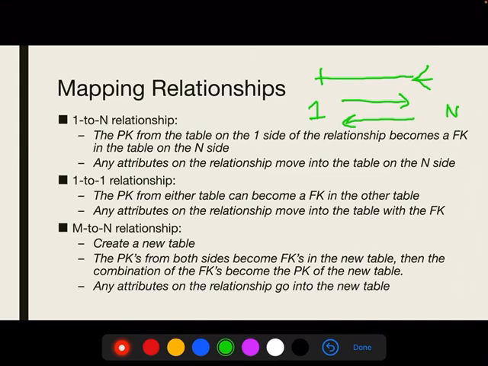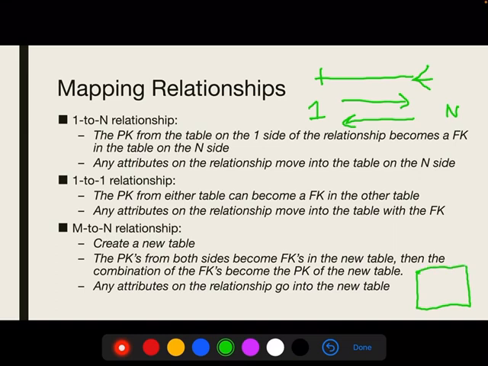Now, a many-to-many relationship is more complicated because there's neither side. You can't put the foreign key on either of them because both sides have a many relationship. So they can refer to many rows of the other table. So you can't just put one foreign key. In that case, you have to make a new table to kind of map between the two.